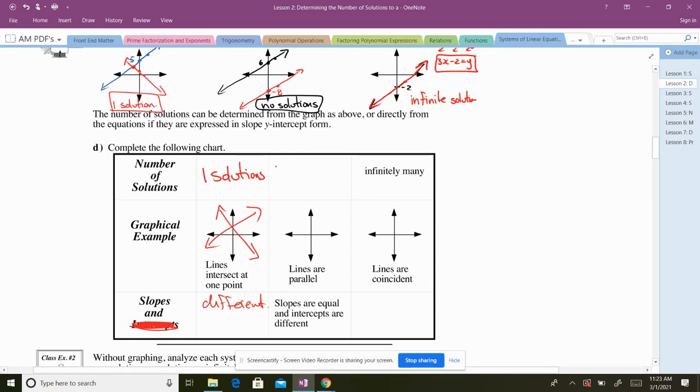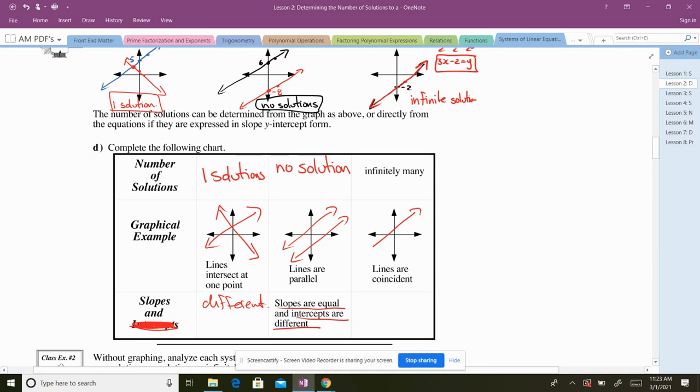If you have no solution, that means they are parallel, which means the slopes are equal and the intercepts are different, okay? The intercepts have to be different because if the intercepts and the slopes are the same, you have the same line and it's an infinite solution. It's the last one here.